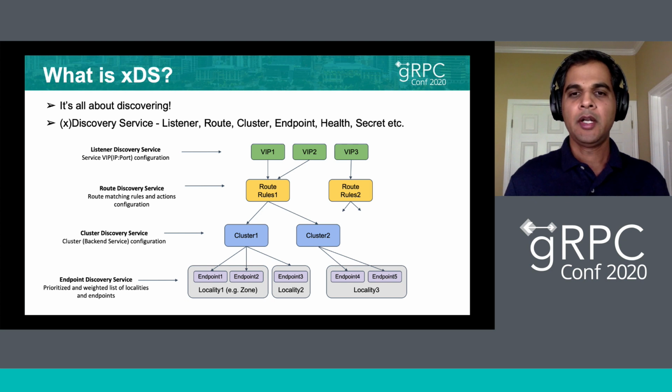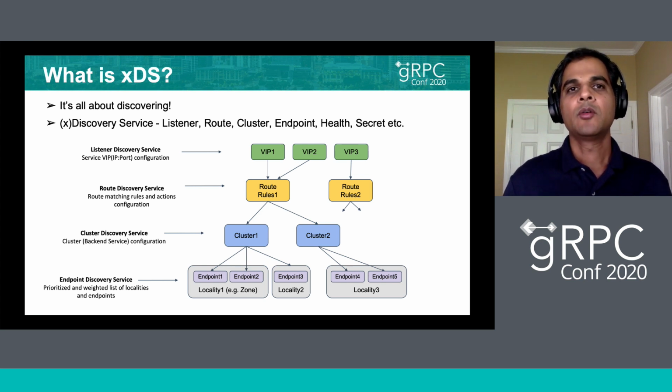So now after intercepting the request, the proxy needs to know how to route the traffic and what policies to apply. This information is obtained using the route discovery service. The config may include various rules like match on header values or a path, and then route to a particular cluster and apply a particular timeout or maybe insert a header, right?